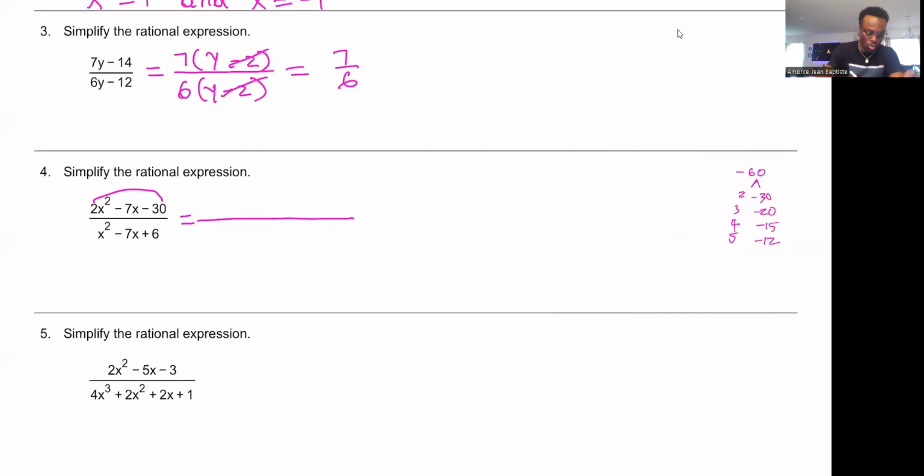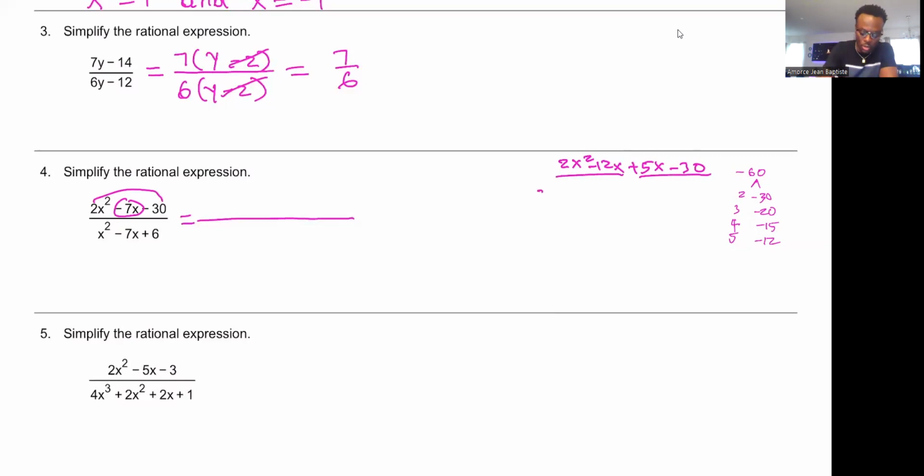So now I'm going to use these two numbers to break down the middle term into two terms to factor by grouping. So that is 2x squared minus 12x plus 5x minus 30, right? By grouping, we can group these two terms.